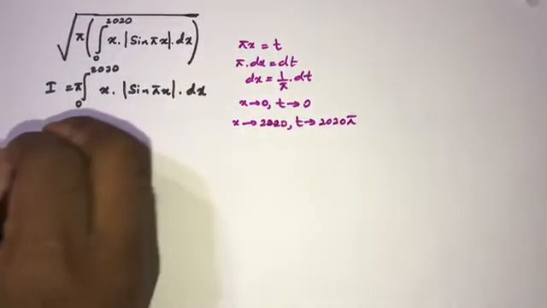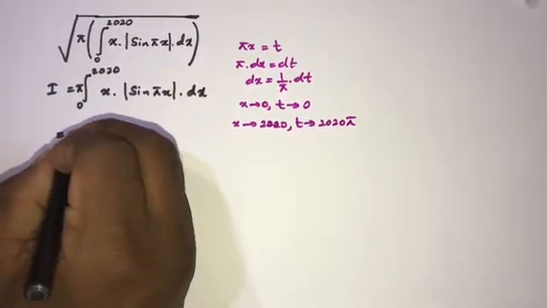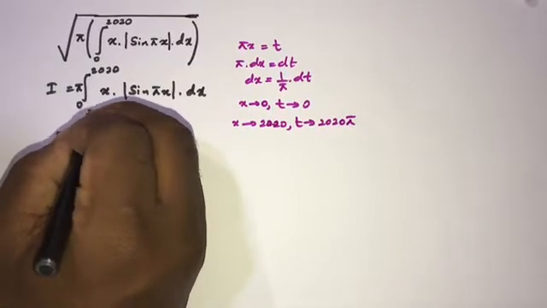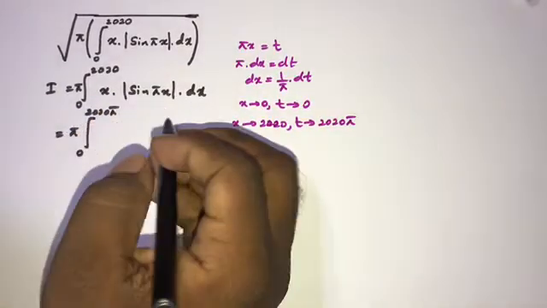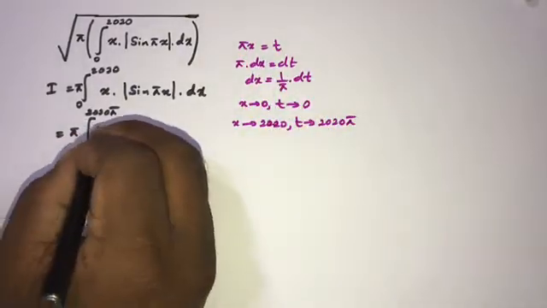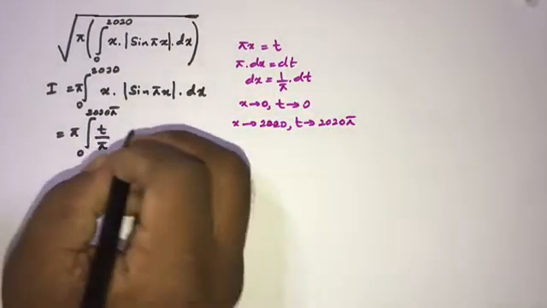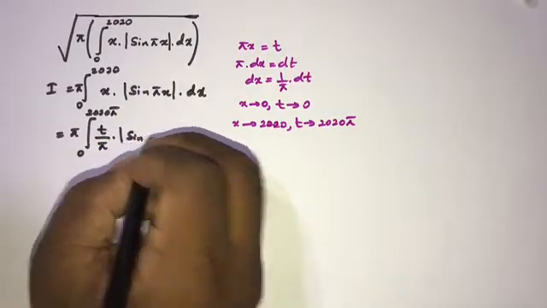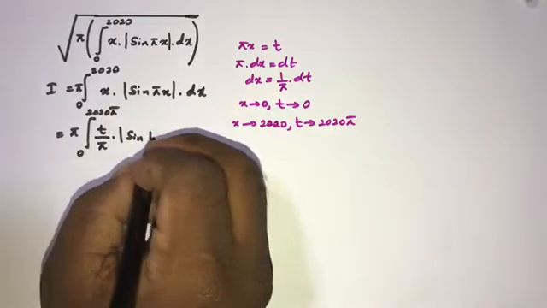Okay, now we can plug in here. So here pi, now limit 0 to 2020 times pi. Now x is equal to t over pi, so t over pi. Now absolute value of sine of pi x is equal to absolute value of sine t.